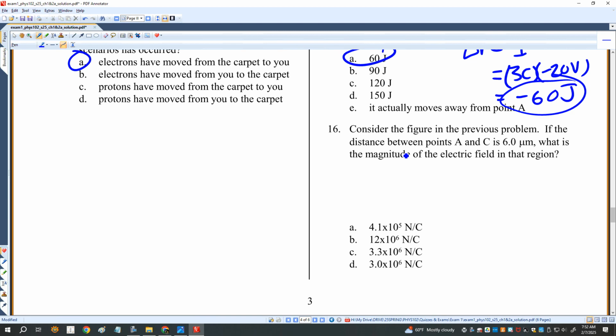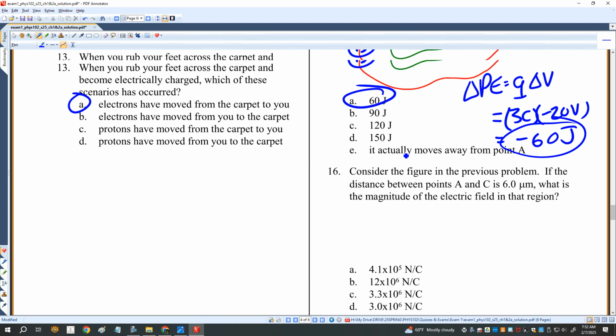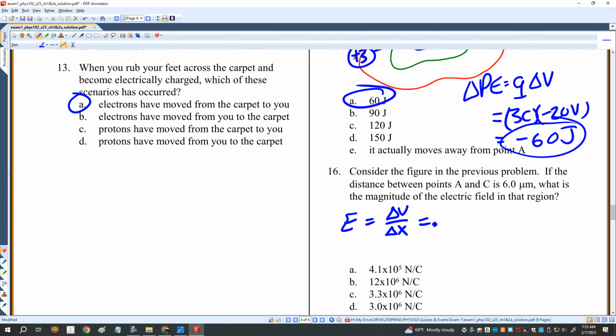Consider this figure. What is the magnitude of the electric field in that region? So very similar to what we did on the free response here. Remember that E is equal to delta V over delta X, so I can calculate the electric field in that way. Delta V, we've already said, is -20 volts. In fact, I'm just looking for the magnitude, so I'm going to leave that sign off.